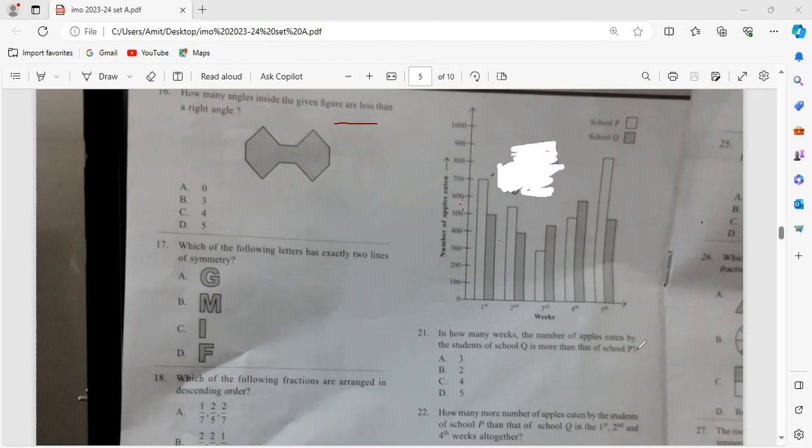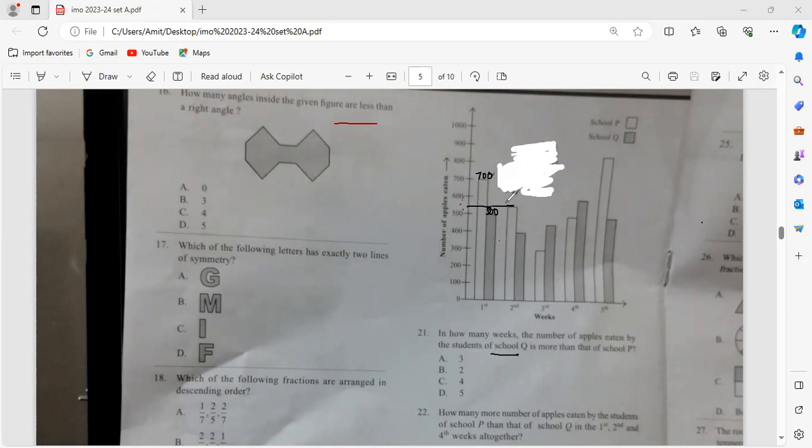In how many weeks is the number of apples eaten by the students of school Q more than that of school P? So this one is school Q and this one is P. So first, this is 700, this is 500.